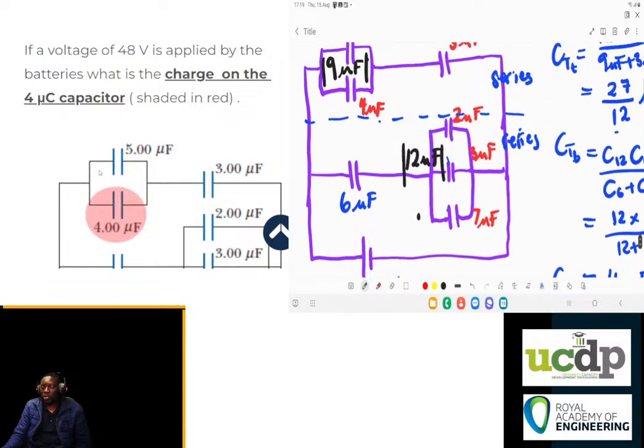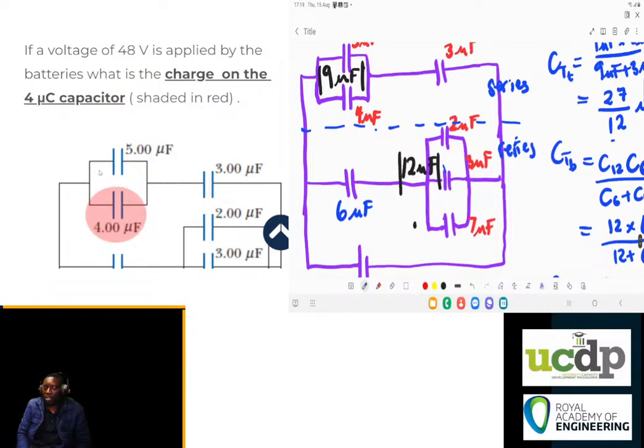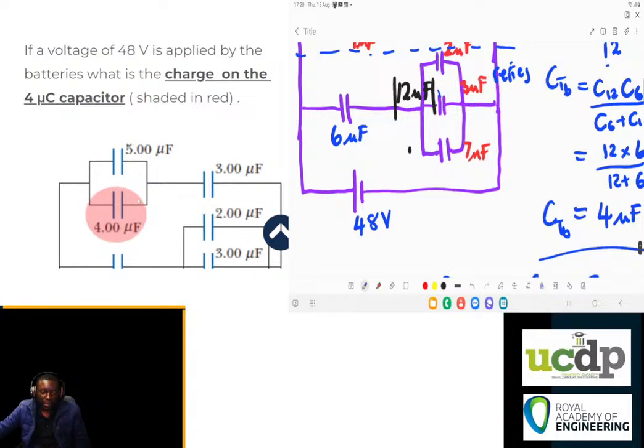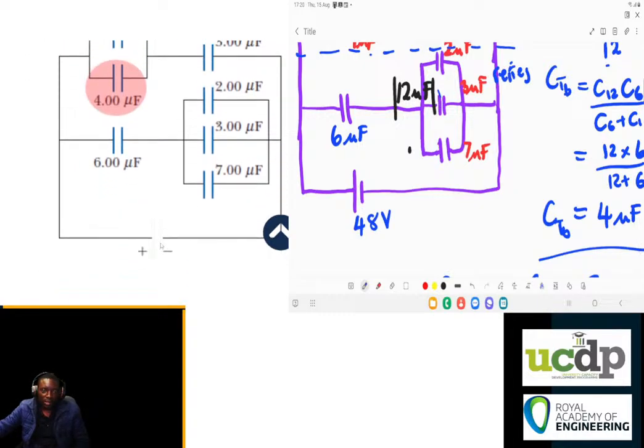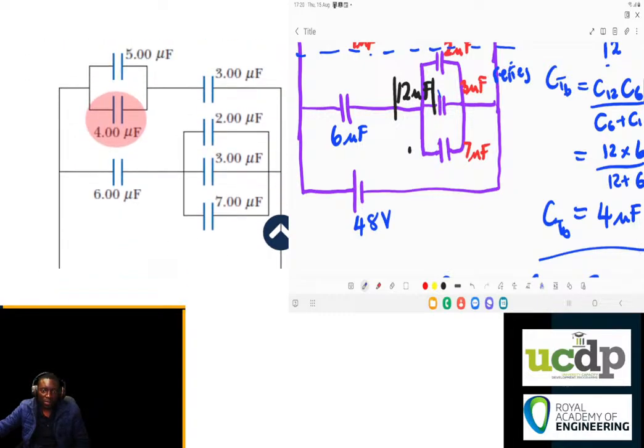What's the first thing to do there? So where's the battery? The battery is down there. It's that one, the one in green.